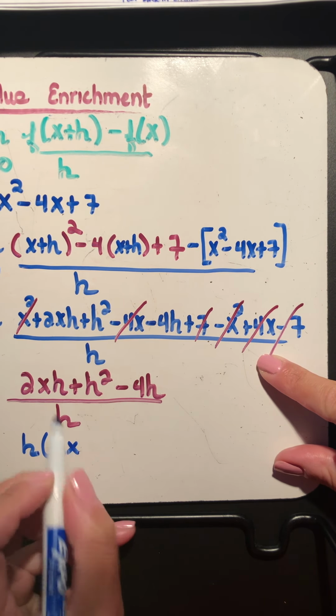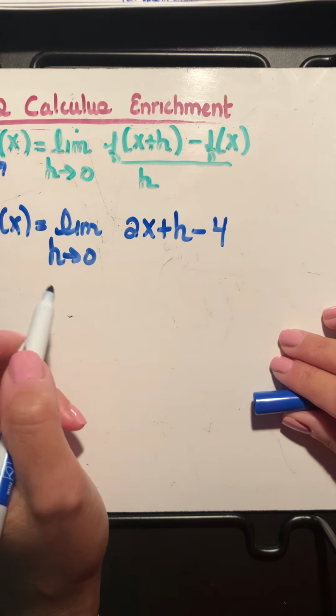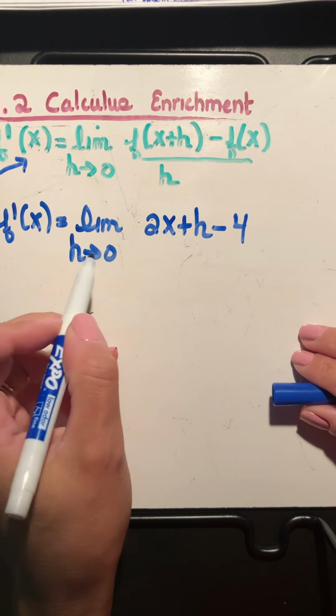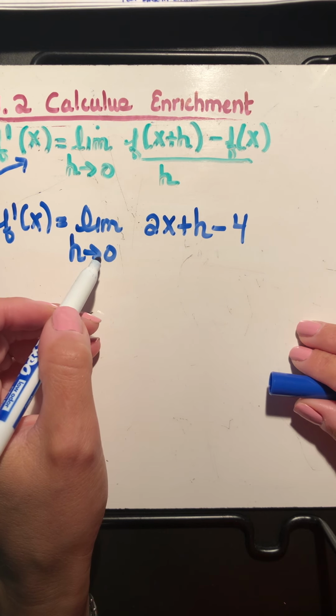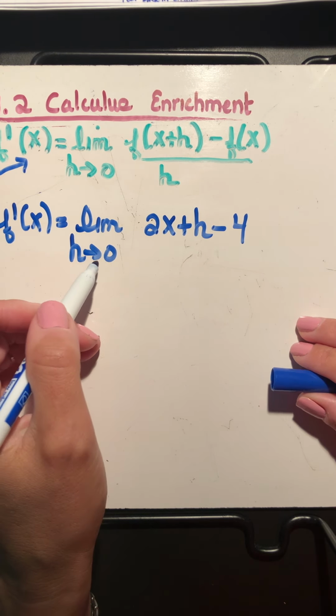You have to keep this in until the very end. And we said that when the h's cancel, we're left with 2x plus h minus 4. At this very last step, this is when we let h go to 0, or h approach 0. It's never going to technically equal 0, but it becomes so close to 0 that you're not going to know the difference.